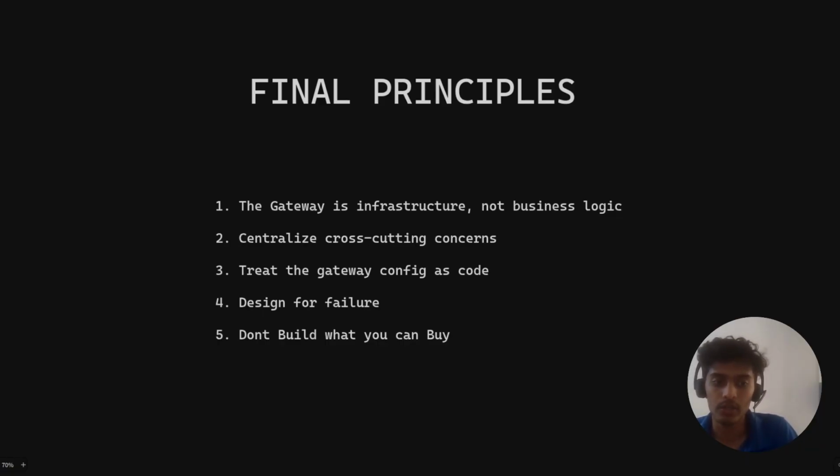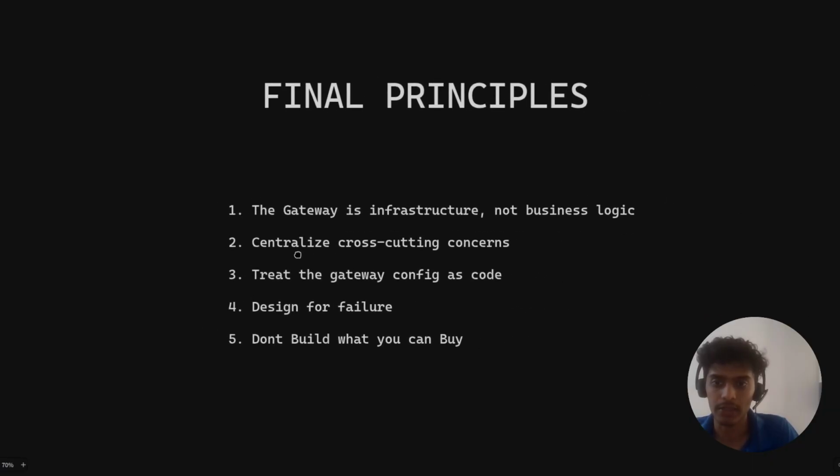The moment you start encoding business rules into your gateway, you have created a hidden dependency that will haunt you. The second one is centralized cross-cutting concerns. Auth, rate limiting, observability, routing, these belong in the gateway. Everything else belongs in the service.